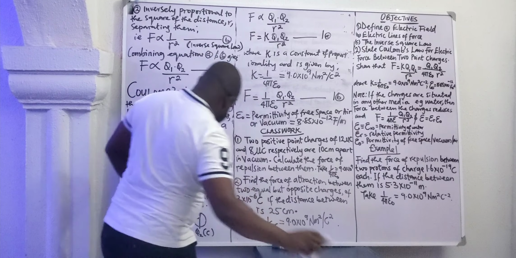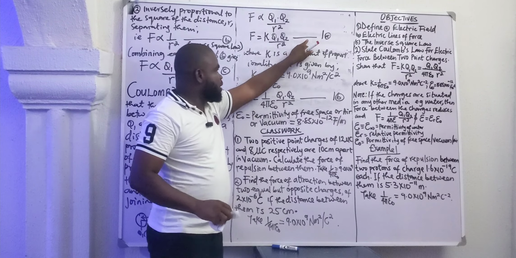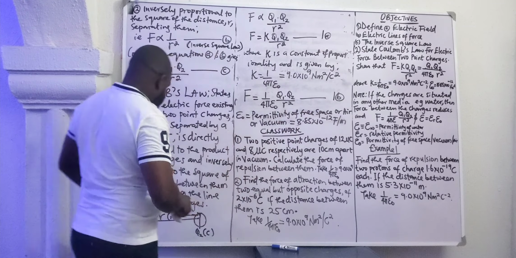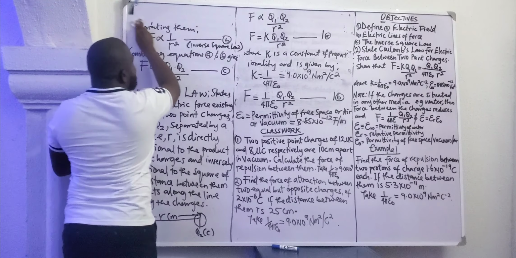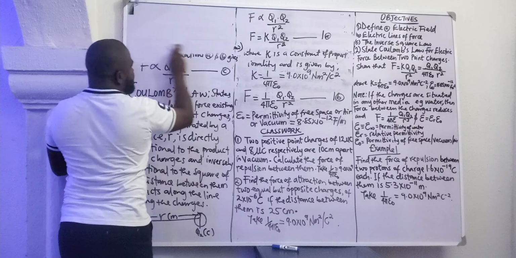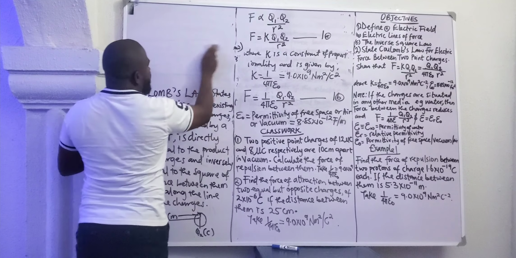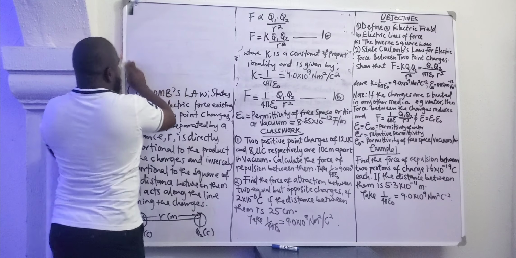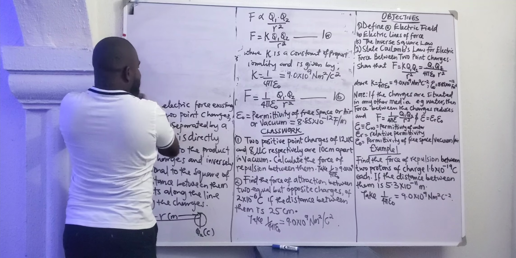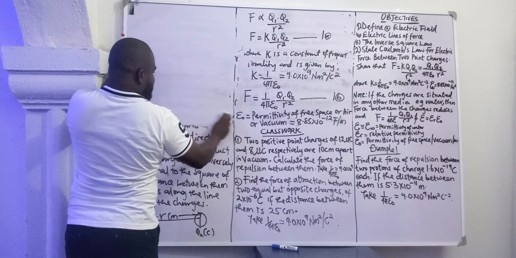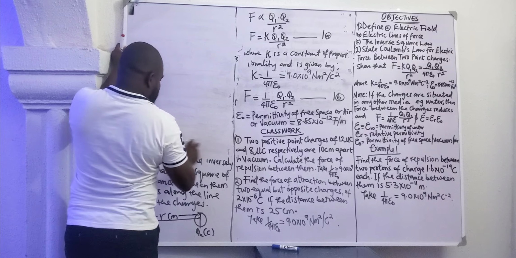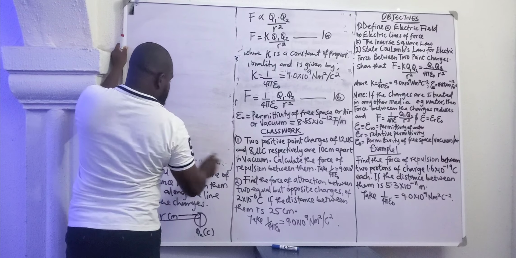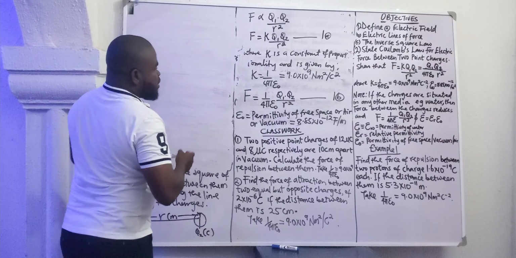Now, I have said equation 1a or 1b can be used when the two charged bodies are situated in vacuum, air, or free space. What about if we have another medium that is not air? Let's say, for example, water. What are we going to do in that case?